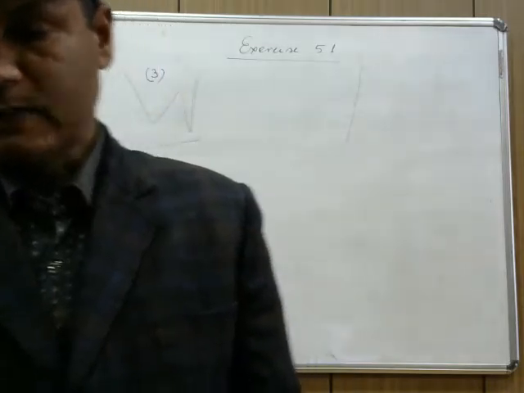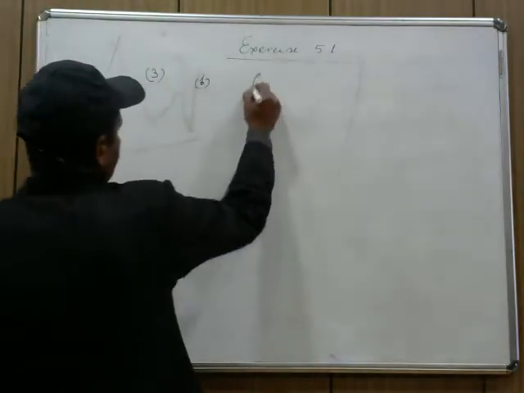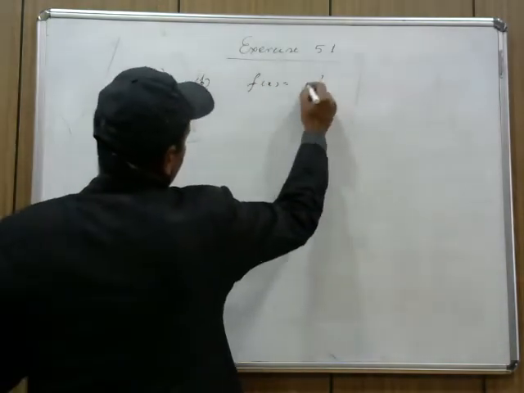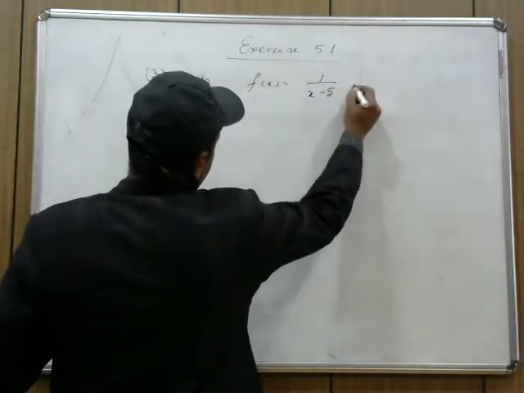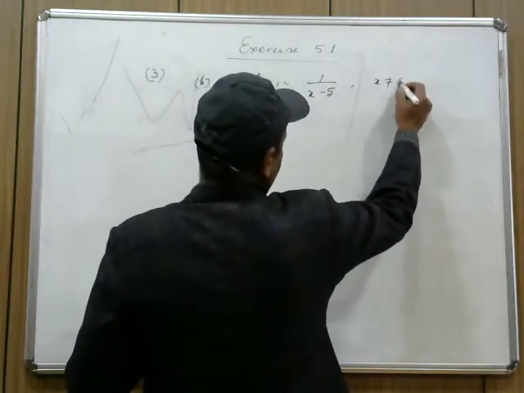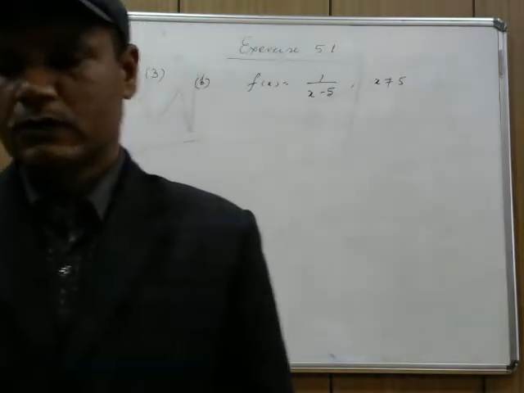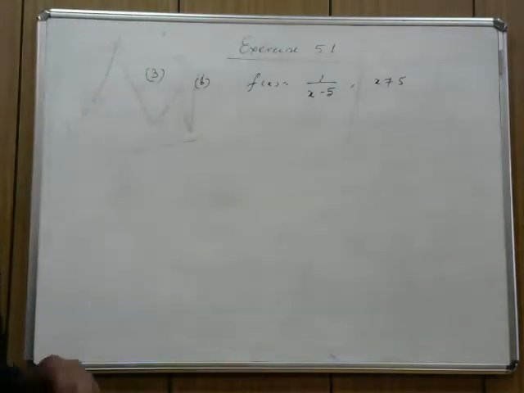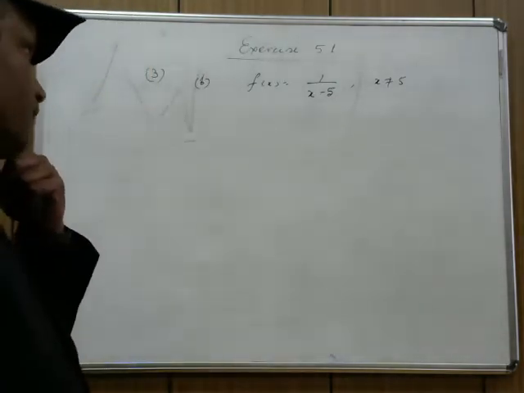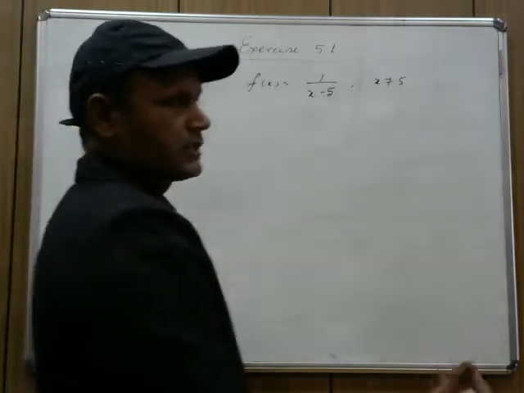Now if you see the second part of the question, B, f of x is equal to 1 upon x minus 5. Of course, x is not equal to 5, because when x is 5, the function will not be defined. That means, being a rational function, it is continuous everywhere.